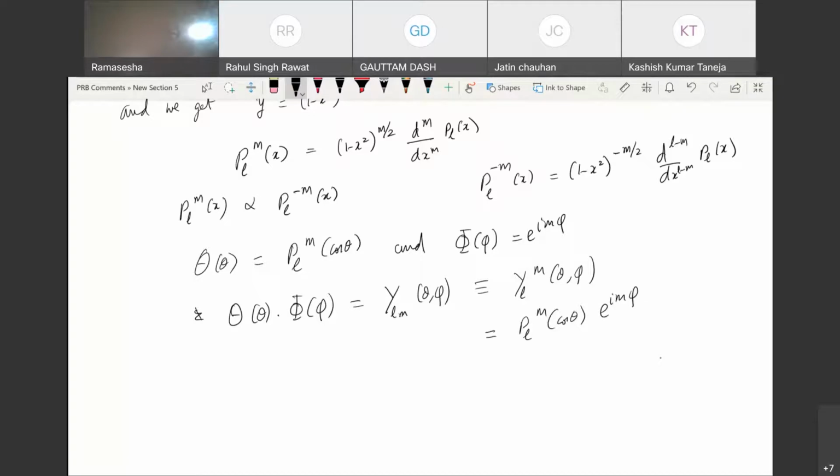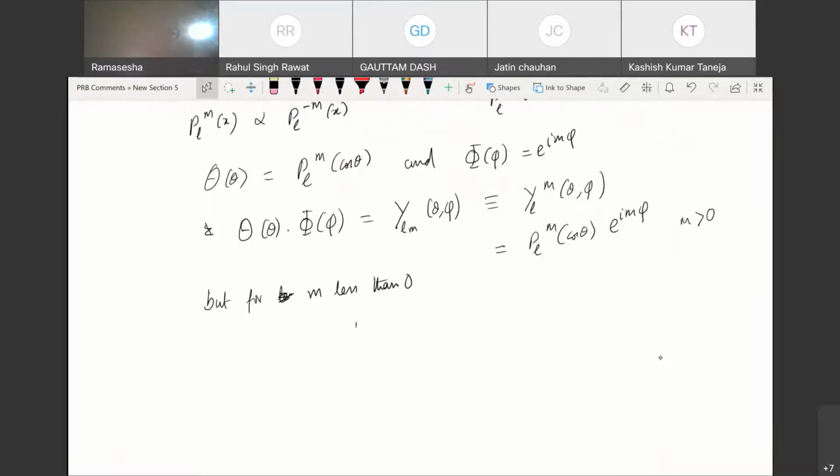but for m less than 0, negative values, what you want to do is take P_l^{-m} is equal to minus 1 to the power m P_l^{+m} of cosine theta.